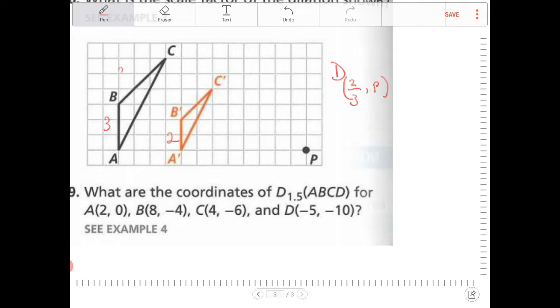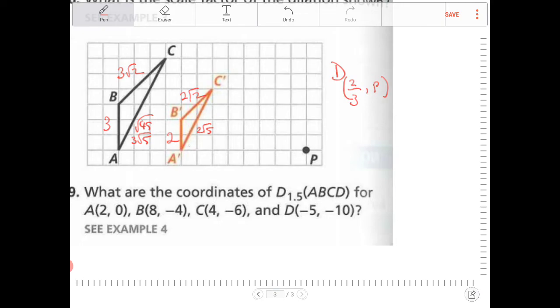This right here is 3 radical 2, and this is 2 radical 2. This guy right here, 2, 1, 3, 2, 4, 5, 2, 4, 6. So this is actually the square root of 45, or 3 square root of 5, and this is 2 square root of 5. I'm going to make an educated guess.